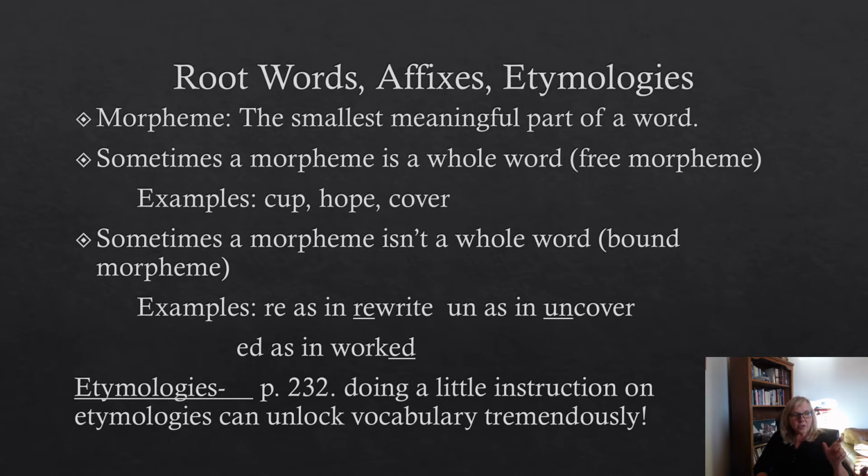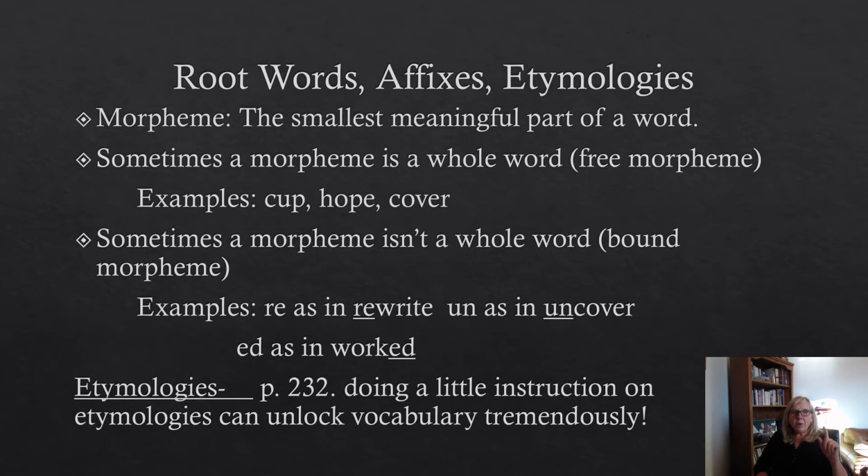So it is actually those morphemes of a word that you are playing with whenever you're studying etymologies. Sometimes a morpheme is a whole word. It's a free morpheme, like cup or hope or cover, okay? Or even like astro. Sometimes a morpheme isn't a whole word. It's a bound morpheme.